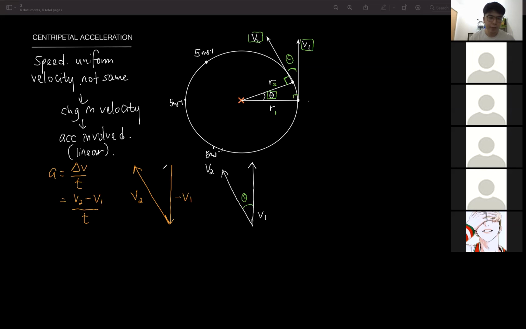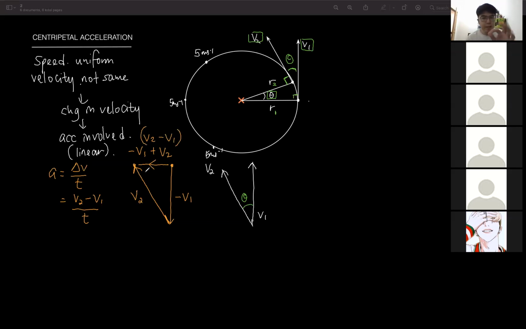Think of it like a journey. I start here, and then I go down, I go here, I end here. So if I draw a shortcut, then the arrow would be pointing to the left from here to here. And this is expressed as negative v1 plus v2, which is the same as v2 minus v1.